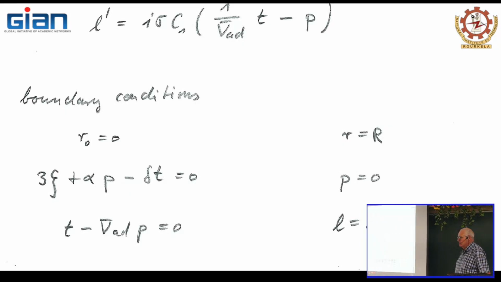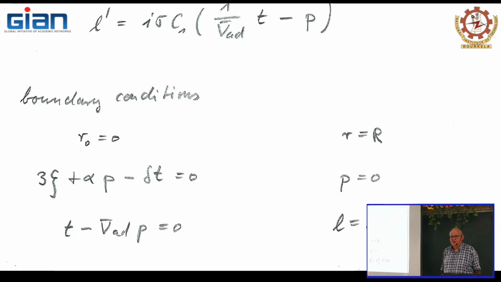Okay, now if we have done all this work, we might ask ourselves, like a mathematician, can we solve this system? And a mathematician's answer would be no, you don't have a solution. So what a pity, we have done all this work and a mathematician comes and tells you there is no solution to your problem.